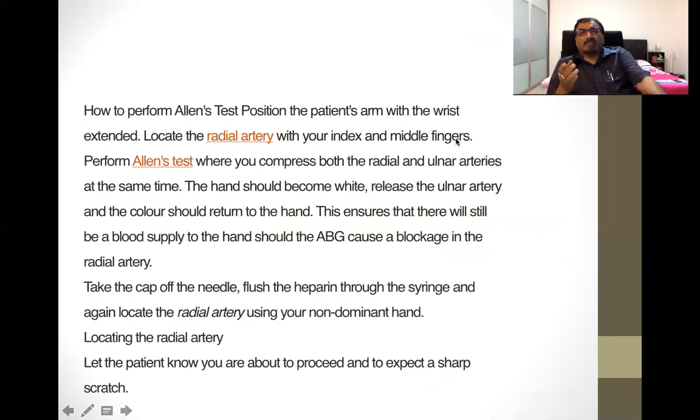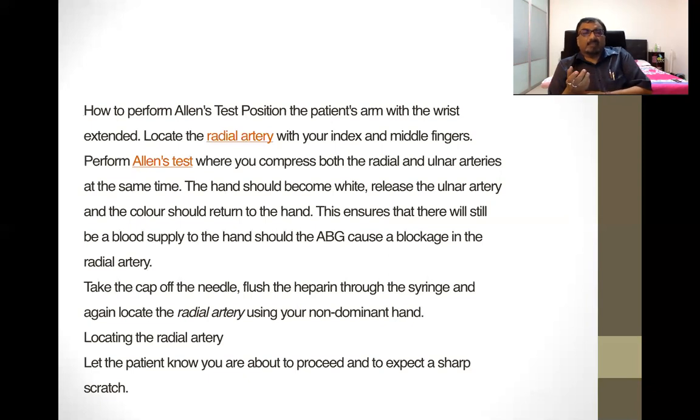You compress both radial and ulnar arteries, and keep them compressed till there is blanching, and after some time you release the ulnar artery and the circulation will be restored, suggesting that there is proper collateral circulation.